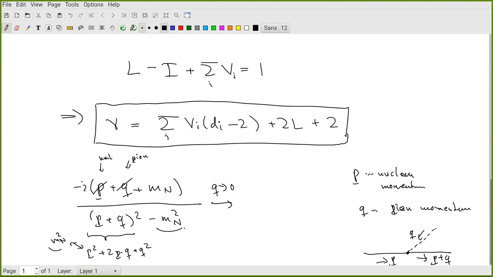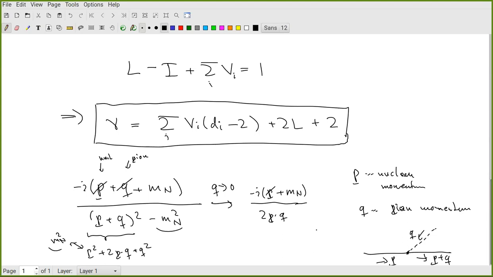You see this one and this piece cancel. The Q squared piece is more suppressed than the term linear in Q. So the denominator just goes like 2P dot Q. And in the numerator, we can just neglect this Q slash piece. So that goes like minus i P slash plus M nucleon. Okay, so in the low energy limit, that's how the nucleon propagator goes.